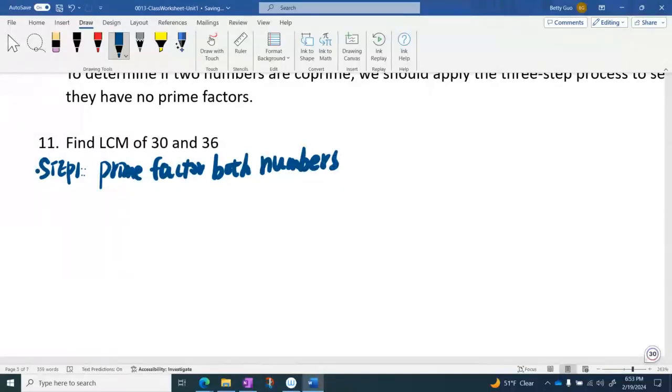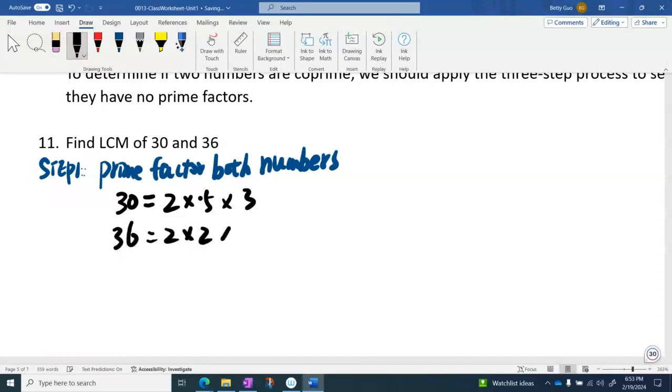We have it done earlier, so I'm not going to do it again. I'll just write the factorization here. 30 equals 2 times 3 times 5, or 2 times 5 times 3, the order doesn't matter. 36 equals 2 times 2 times 3 times 3.